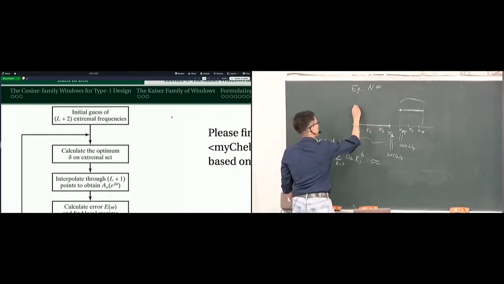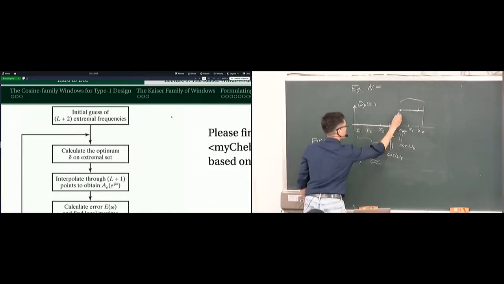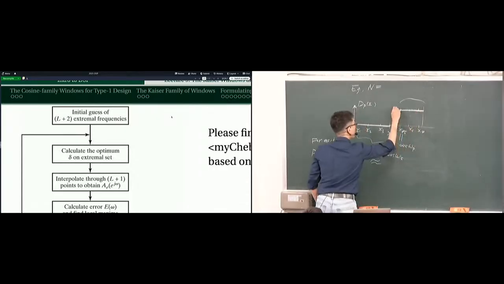The desired response is dp of x. Dp of x is 0 for stopband, 1 for passband, and don't care in between.